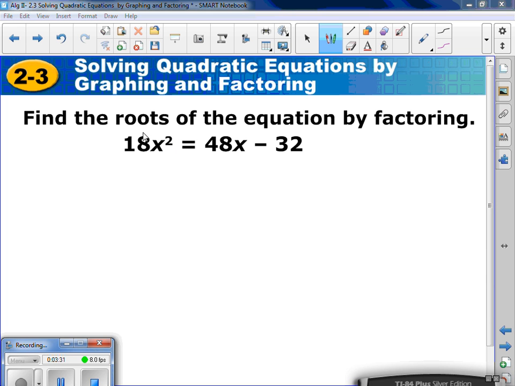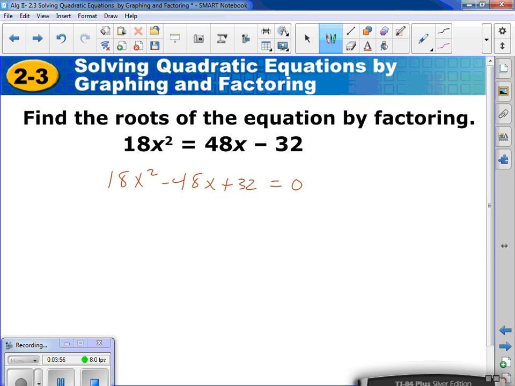Because my x squared is positive over here, I'm going to move these two over to the left. 18x squared minus 48x plus 32 equals 0. It has to be set equal to 0. You have to move everything to one side. And we usually want the side that has the x squared to be positive.